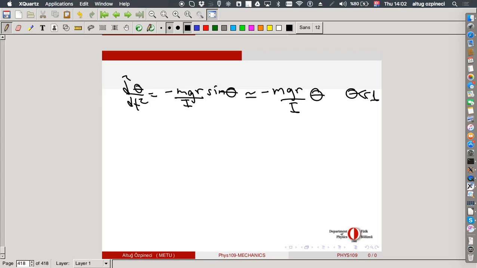If you write theta in terms of radians, then the second derivative of theta is equal to this one, and sine of theta is approximately theta in terms of radians. But now we have this equation of the simple oscillator.